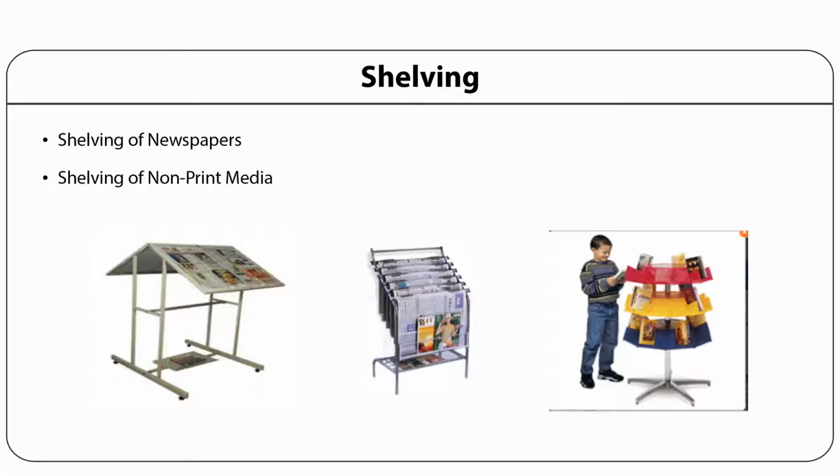Non-print media like films, audio cassettes, video cassettes, CD-ROMs, DVDs, etc. are shelved separately and away from the open stack area. This material is normally kept in the media room or computer room where the equipment for playing the particular media item is available.